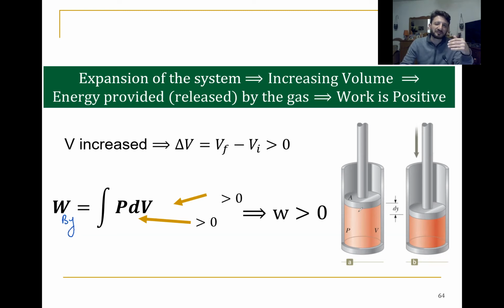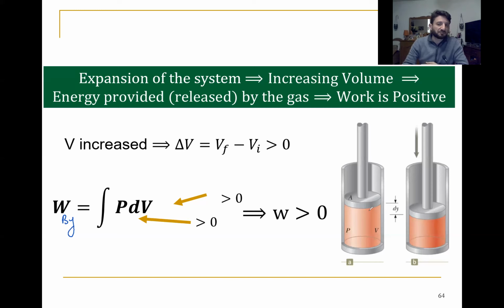When I say the energy is provided or released by the gas, I mean we have expansion. It's important to know the formulation. Expansion means the energy consumed by work is provided by the gas or released by the gas. In this case, the volume will increase.